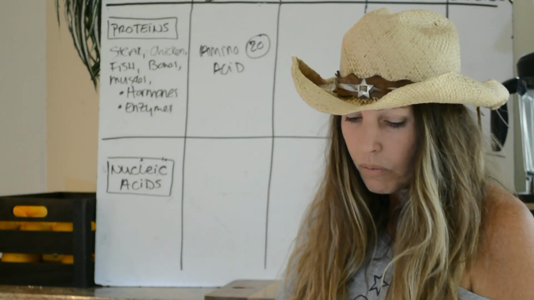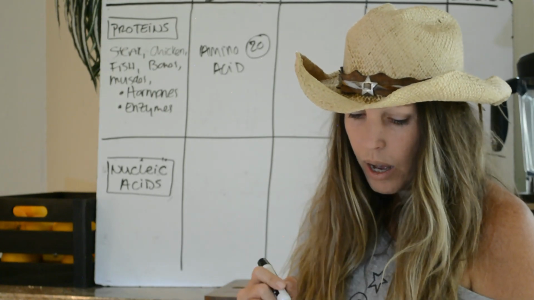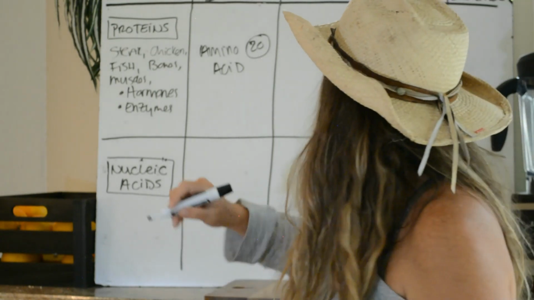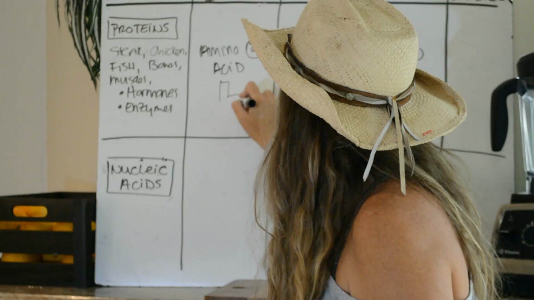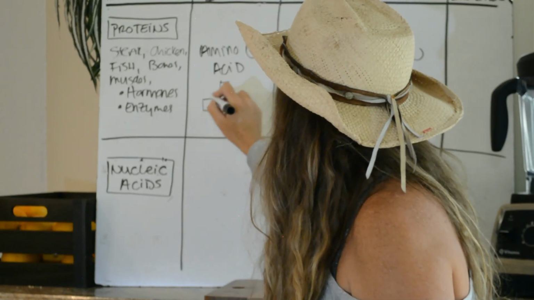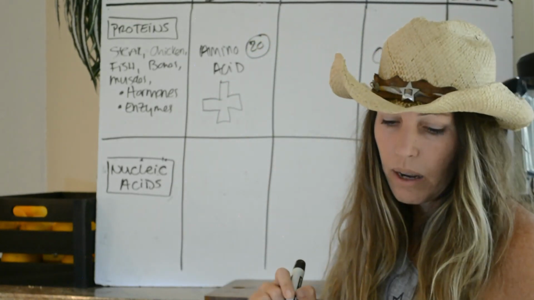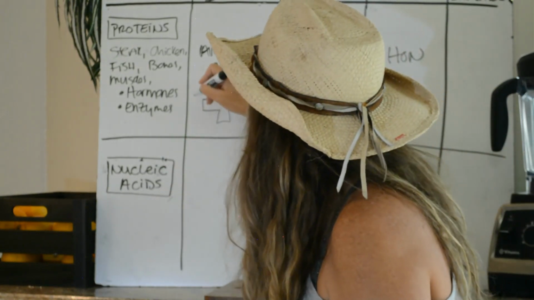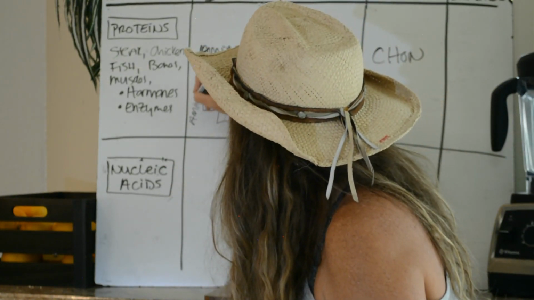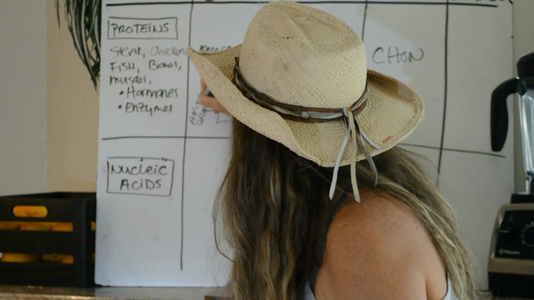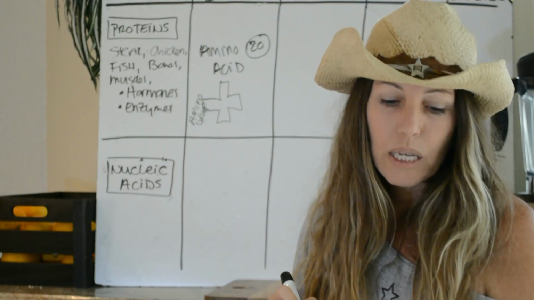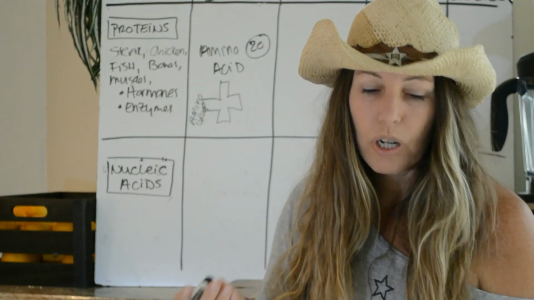Now, within the proteins, I want you guys to understand that these proteins kind of look like a plus sign, okay? One side of the amino acid is known as the amino group, okay, because it has some nitrogen and hydrogen in it.